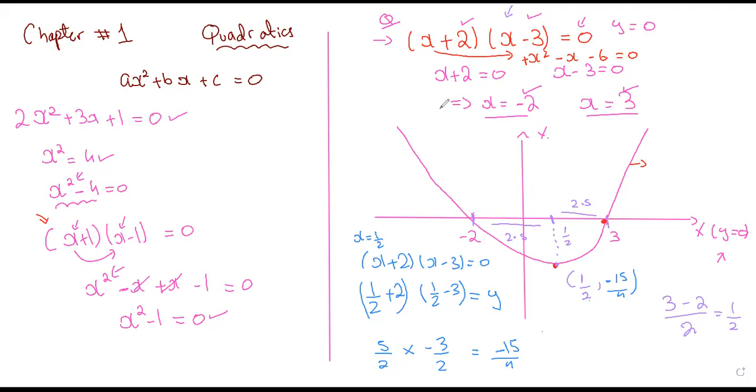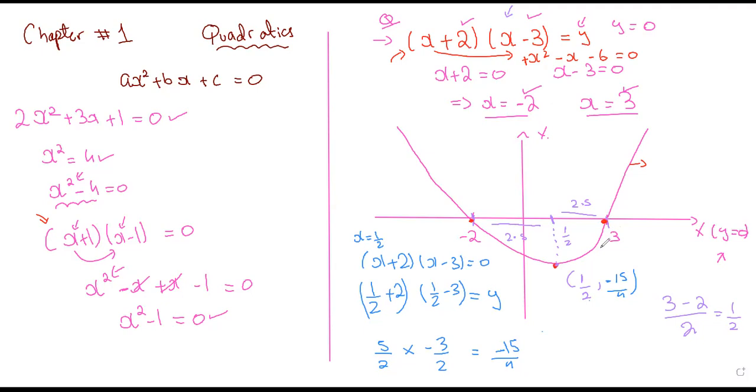In this question, what we had was that we were given the factorized version of our quadratic equation. Okay? And let me write y here. Okay, this was the equation initially. I need to find these 2 points just to know where my curve passes through the x-axis.